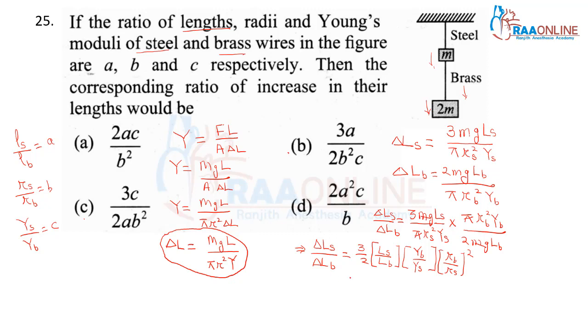Now we put the values. Ls by Lb is given as A. Ys by Yb is C, but it is reversed, so 1 upon C. Similarly, rs by rb is B, so it is 1 upon B, power 2. So we need A in the numerator and B square C in the denominator, so going with option B. So option B was correct.